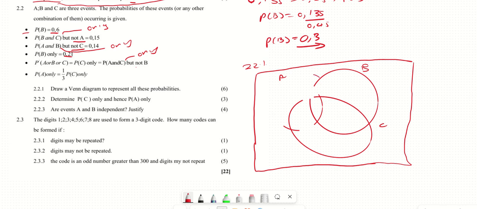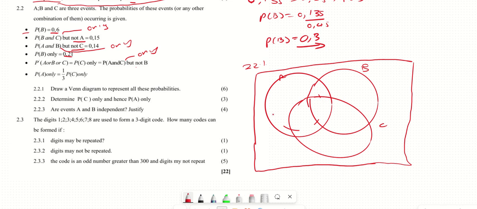Let me make my A a bit bigger. Yeah, that is A. Then I will join this here.